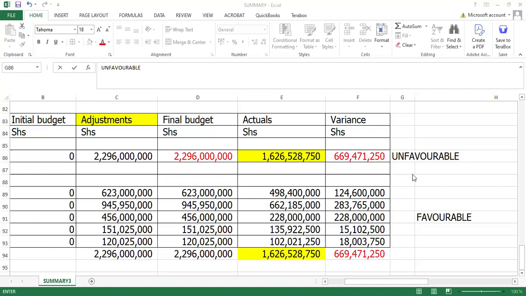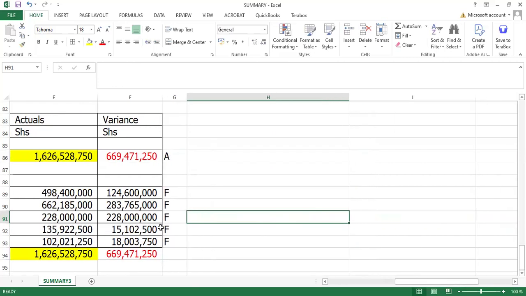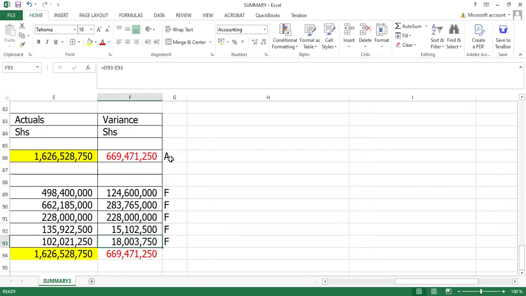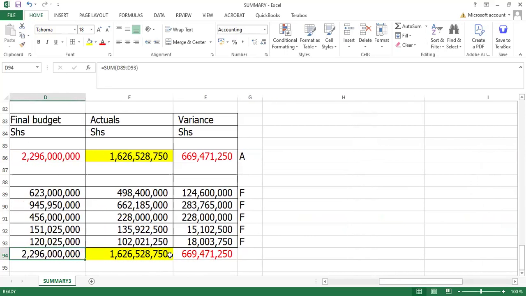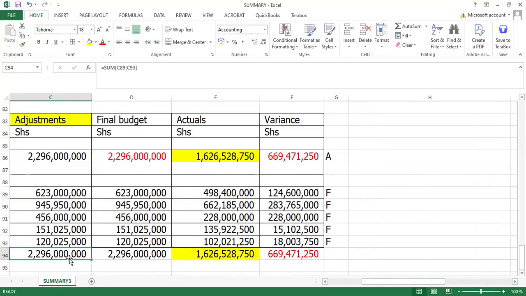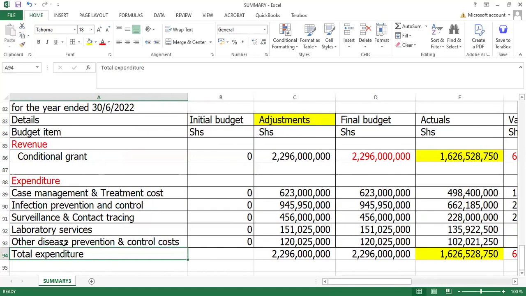Maybe if you want, you can always put those things here. You say adverse, say favorable like that. At times you will see those things. Yes, I understand. Thank you. At times you can put those things here.